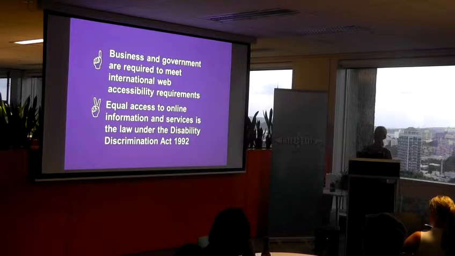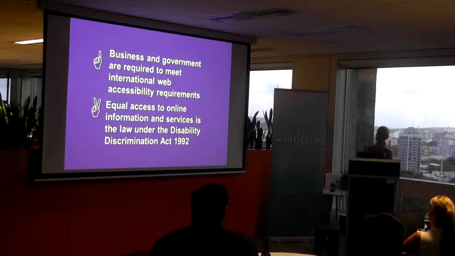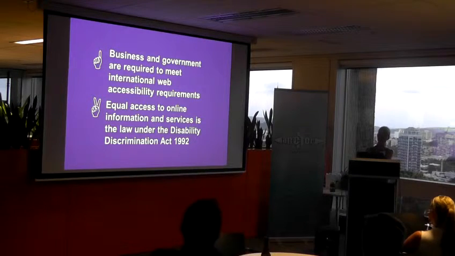Level AA is very much the benchmark or the standard for the majority of websites around the world. AAA is a very accessible website, which also tends to make it a little bit inaccessible in many respects. But the National Transition Strategy is what governs government websites.